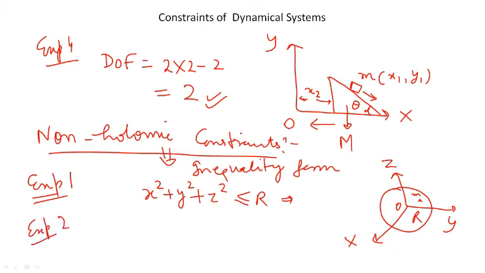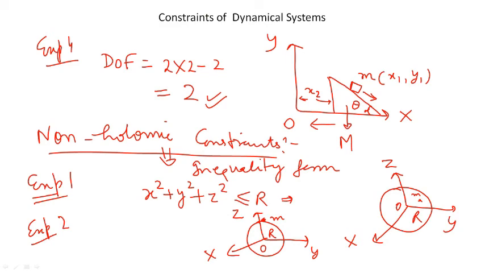The other example which I can take, let us suppose a particle is placed on the surface of a sphere. This is the mass of the particle, and there are three axes. Again, this is your x-axis, this is your y-axis, this is your z-axis. This is the origin. Let us say the radius of this sphere is r.